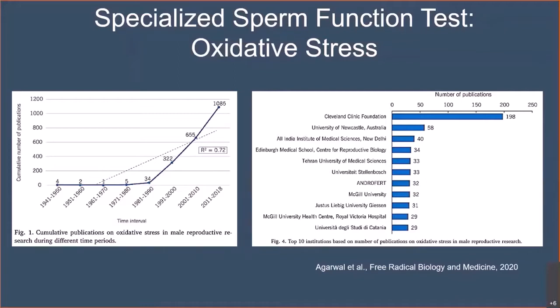So it is a very important area, and we felt that it is important for us to cover that. And also, on the right side, you can see we have a great deal of expertise in this particular area, and we feel that we can do a very good job in talking about and explaining the practical side of these tests for male infertility.